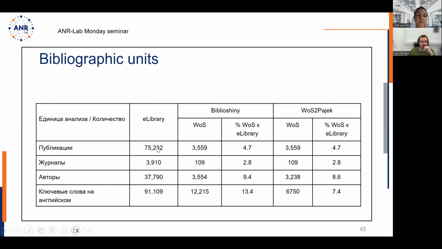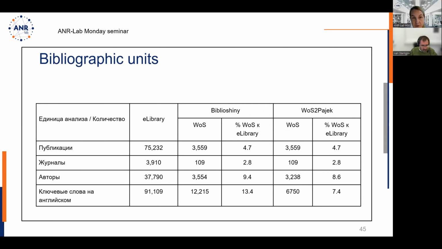We have 75,000 publications, almost 4,000 journals, almost 38,000 authors, and a lot of keywords, because of course they were not normalized. I mean, in eLibrary, in the way that you get them originally, there are a lot of keywords which are not normalized, and that's why we have this huge number of keywords.